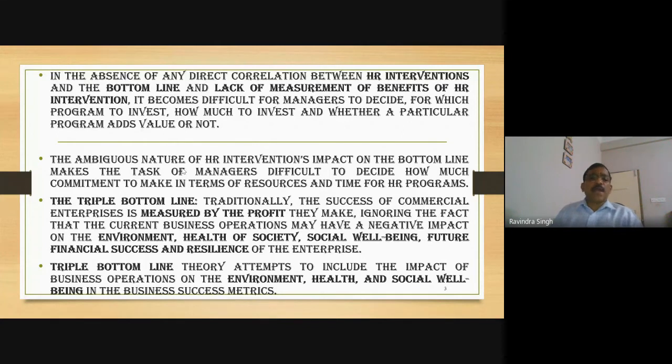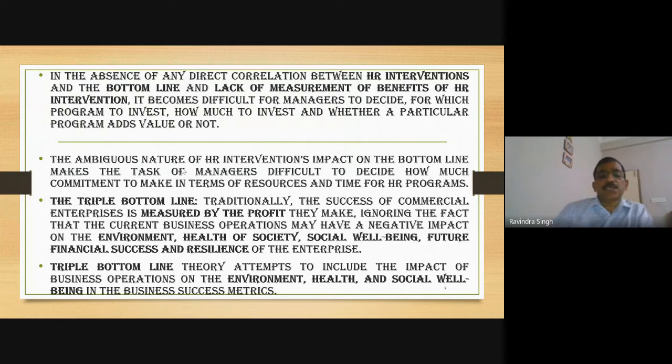The triple bottom line: traditionally the success of commercial enterprises is measured by the profit they make, ignoring the fact that current business operations may have a negative impact on the environment, health of society, and social well-being, future financial success, and resilience of the enterprise. The triple bottom line theory attempts to include the impact of business operations on the environment, health, and social well-being in the business success matrix.